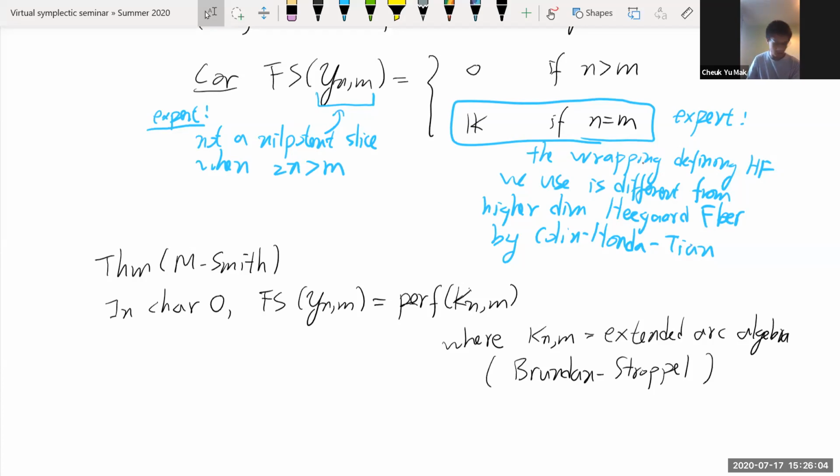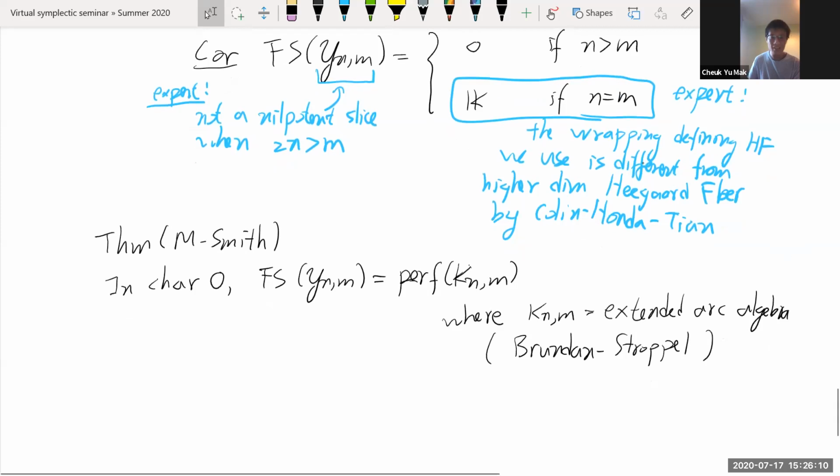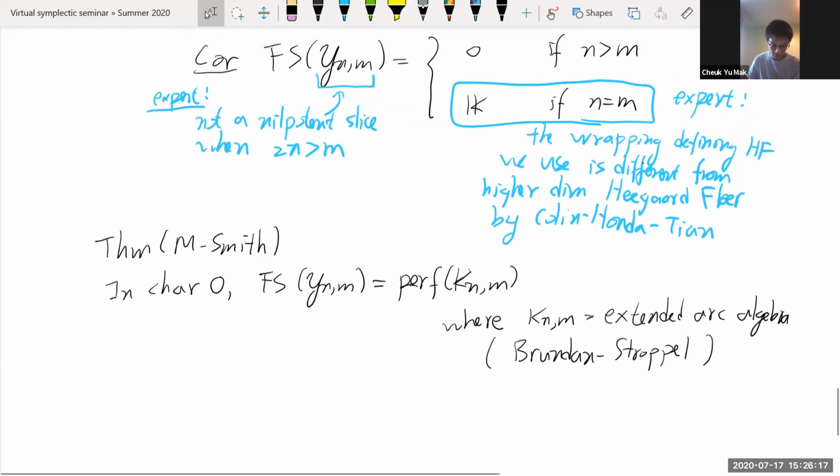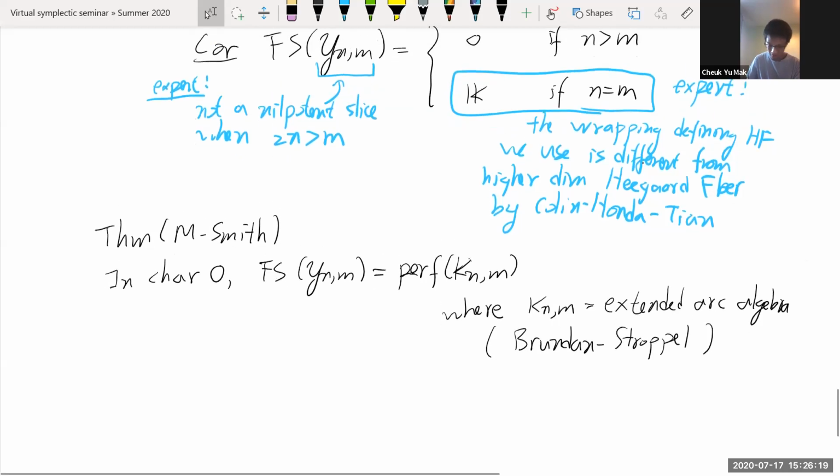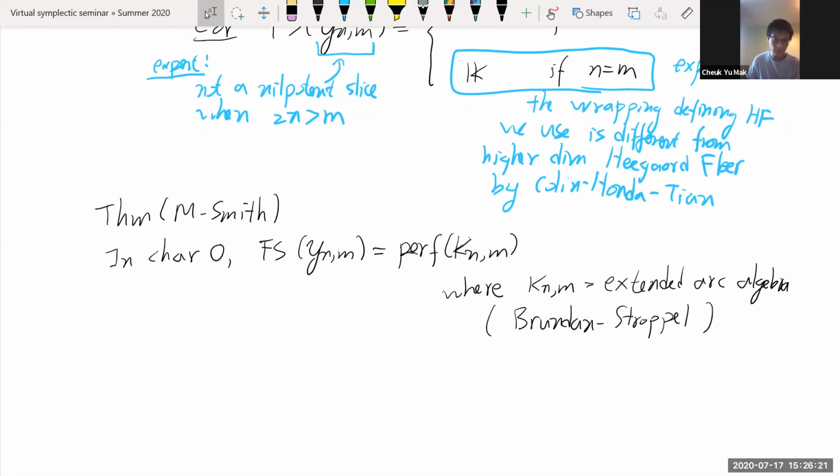I don't know in characteristic P. Yeah, that's a good question, but the method doesn't apply in characteristic P. So I don't know. And if no further question, then let me continue.